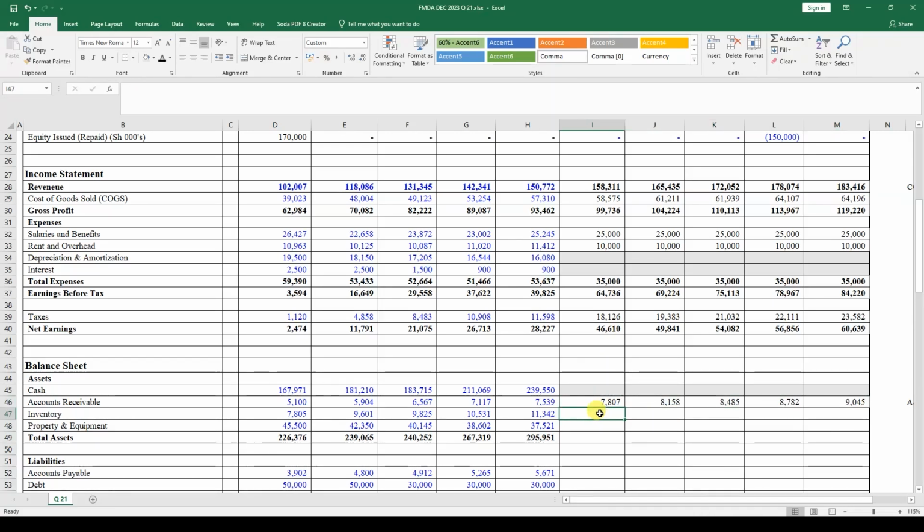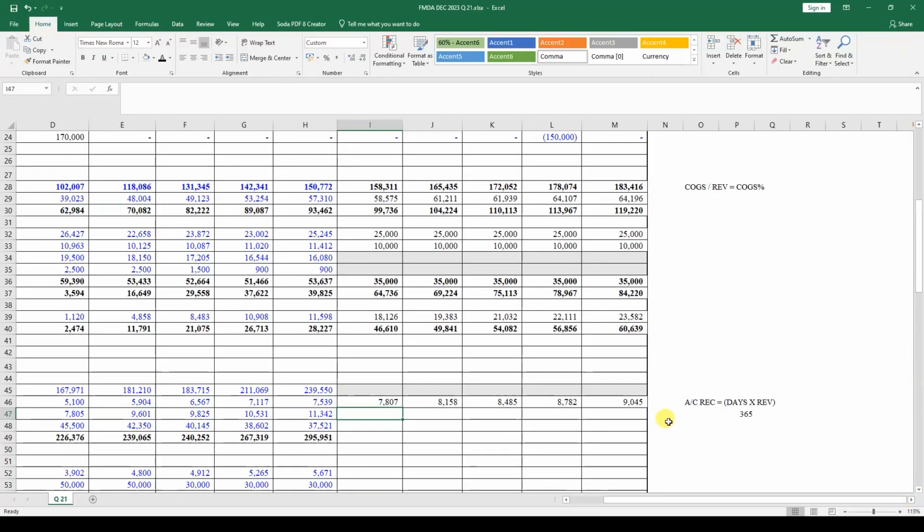Inventory is driven by cost of goods sold. So in a similar fashion over here, inventory is given by the inventory days times COGS, not times revenue. And here we're dividing against 365. So that's what we expect over 365.